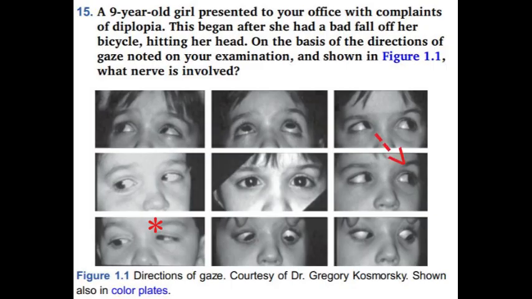This is going down, so this means that the inferior rectus is working. So that means that the issue is most likely here, the superior oblique. Now remember LR6 SO4, the superior oblique is supplied by the fourth nerve, which is the trochlear nerve. So this is the left eye. Now the left trochlear nerve. That's option D. The left trochlear nerve.